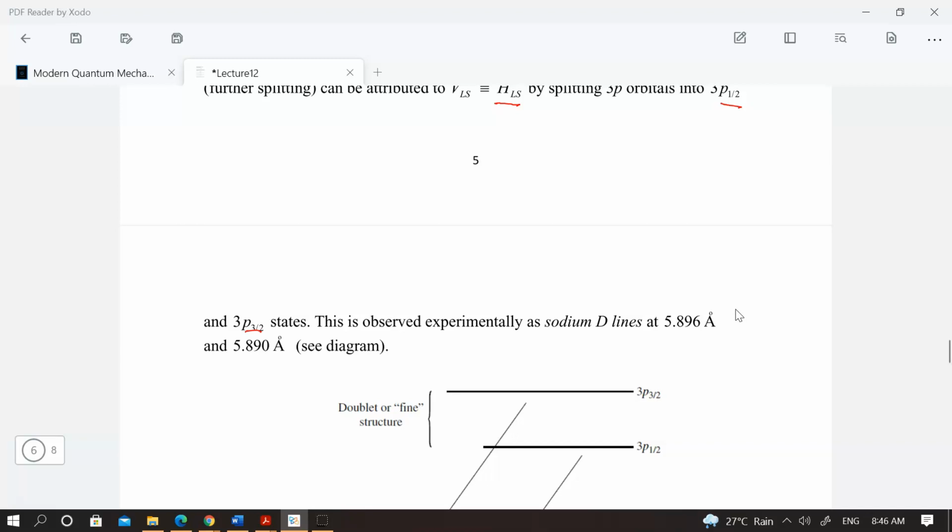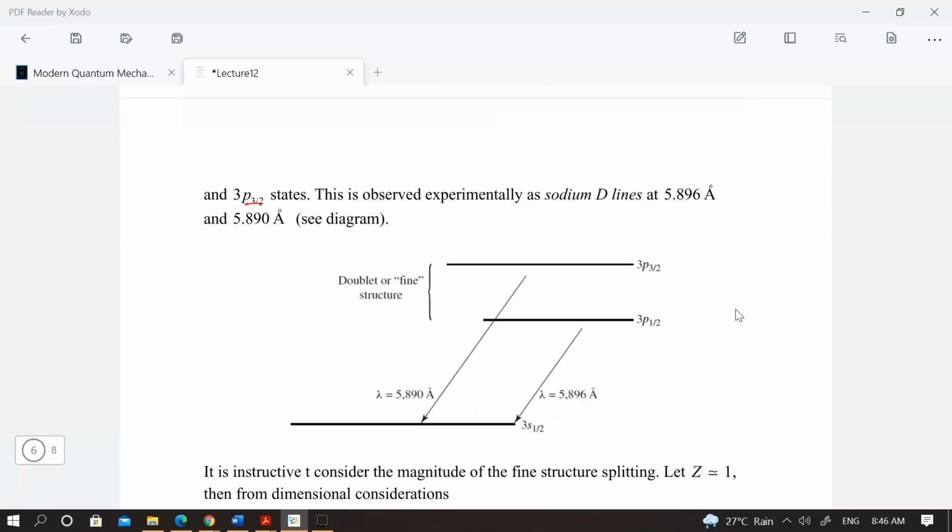Okay? And this is actually observed experimentally as what is known as the sodium D lines. So there will be a splitting between, so this goes to the upper level here, okay, and this one goes one below.